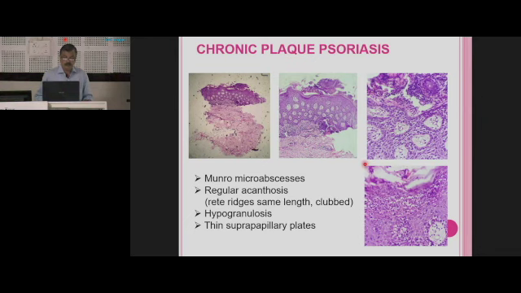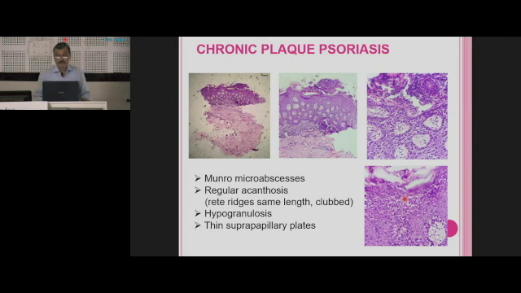Then hypogranulosis. Now this hypogranulosis is important and it corresponds with the parakeratosis in the keratinous layer. Then suprapapillary plate thinning, leading to the classic sign, Auspitz sign, in the classical psoriasis, and the various exocytosis of the polymorphs, and the serum can be collected at the suprapapillary region.